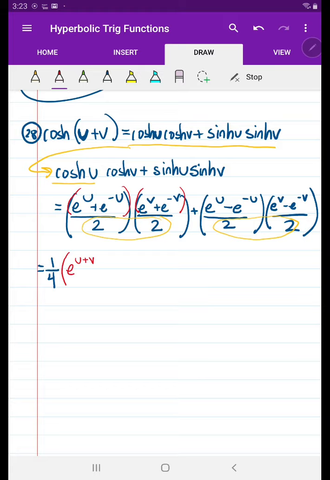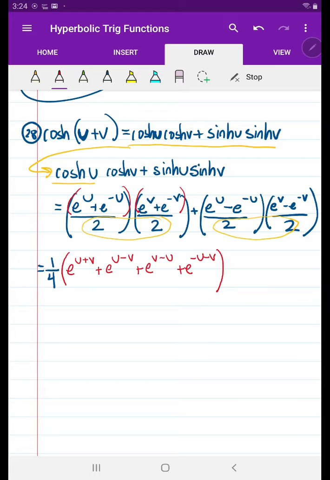That's my first, and then my outers will be plus e to the u minus v, and then my inners will be plus e to the v minus u, and then my lasts will be plus e to the minus u minus v. Okay, so that was just my first one.